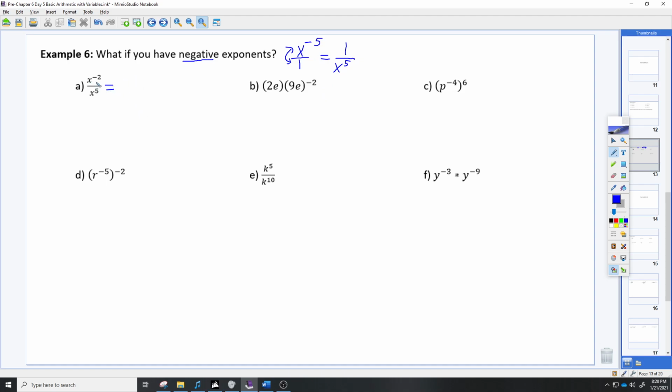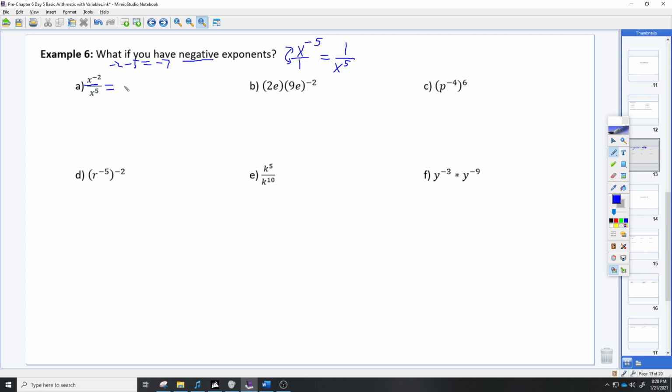So we're going to try an example. What if we have x to the negative 2 over x to the 5th? Well, before trying to flip stuff around, why don't we do the property that we know we can do, which is subtract these two, right? Because you have division here, that means you do negative 2 minus 5. That would be negative 7.